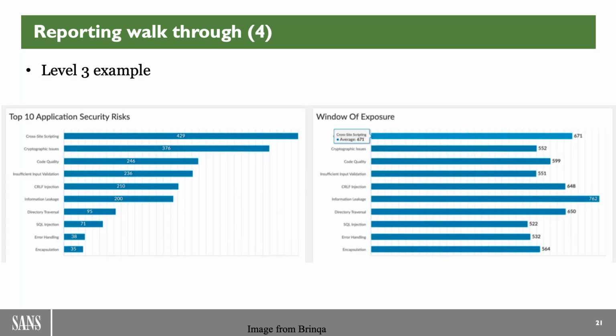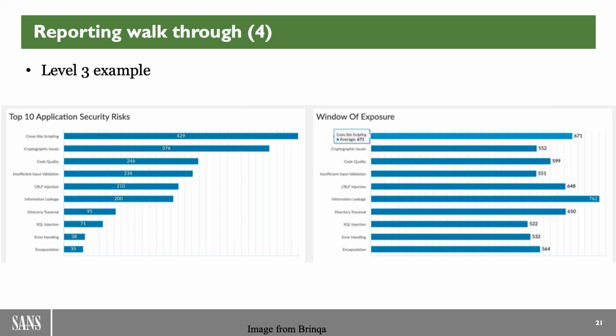In this example, I've got application security risks, and I've got what kind of window of exposure is associated with those. This would, for me, dictate what kind of metrics I need to have defined. I've broken it up into manageable chunks. On the left-hand side, my top application security risk is related to cross-site scripting.